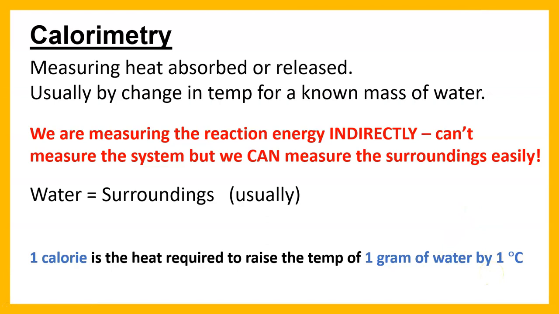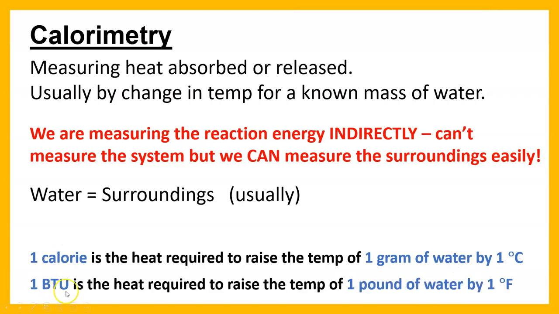If you ever go by something like a propane tank, maybe you have a fire pit or a barbecue, you may see BTU. BTU is the energy for 1 pound of water to change by 1 degree Fahrenheit. Just a couple little facts maybe to jot down in case you come across a problem that uses those.